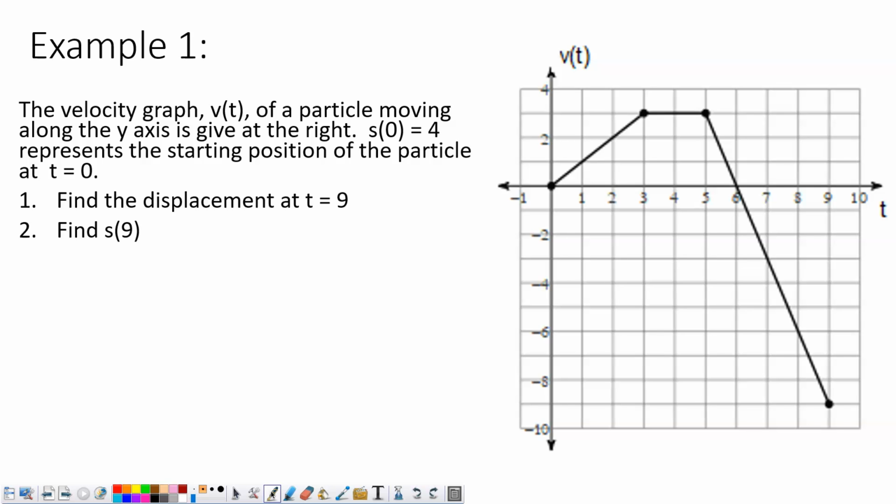So here's the candidates test. It starts off by putting your input variable here, and which one you're trying to find the min or max of. I'm trying to find the maximum position, right? I want to know when it is farthest away from the origin, or furthest up, or furthest down. So I want to find the maximum of S of t.